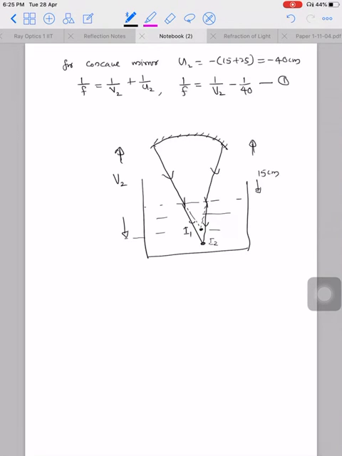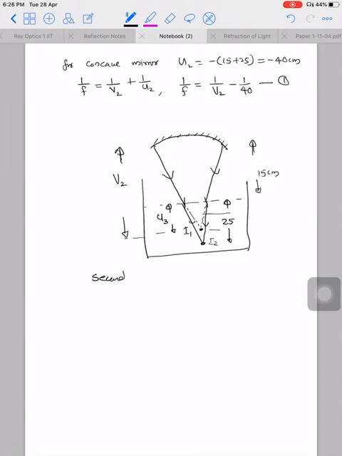That image position we represented as I2. This final image position from the interface is given in the question. It is 25 centimeter. Therefore, the mirror's image is the object of refraction, that we can represent as u3.